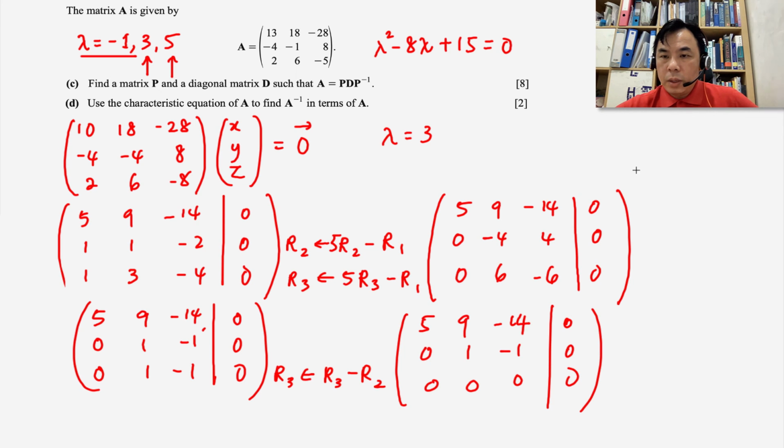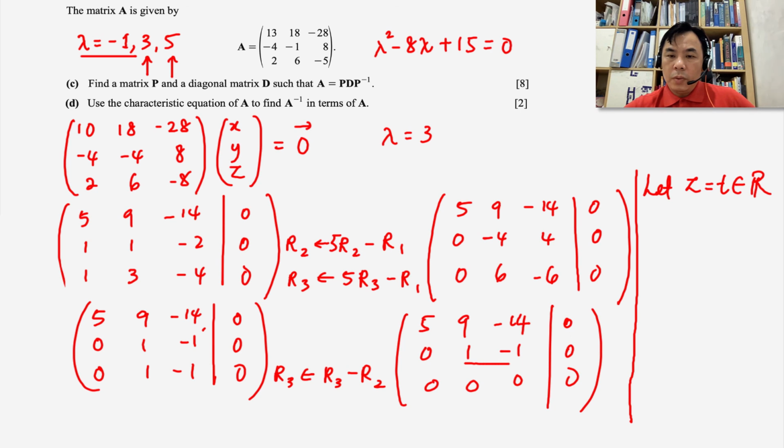Okay, once we reach this section, now we are going to perform the same routine as what we did. So I'm going to write down the routine over this side here. We're going to say let z equal to t here. And then we notice that from here we can convert back to algebraic form, which is y minus z equal to 0. Therefore, we notice that y is also equal to t.